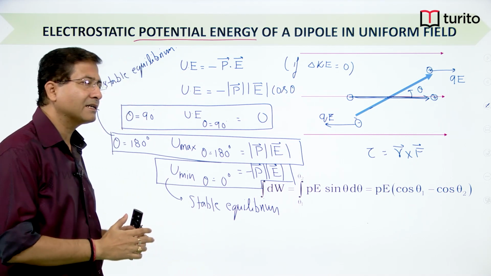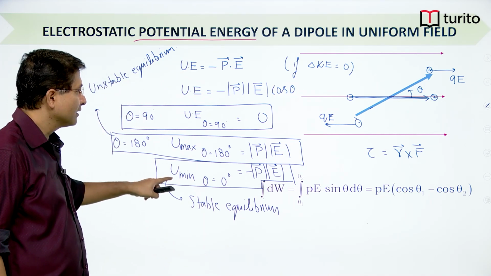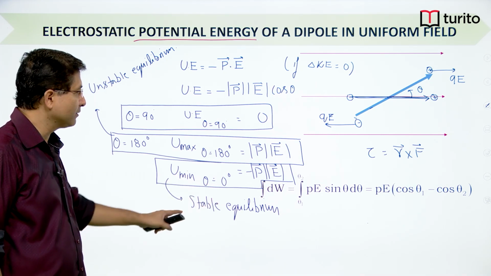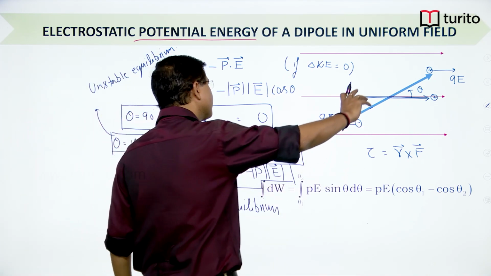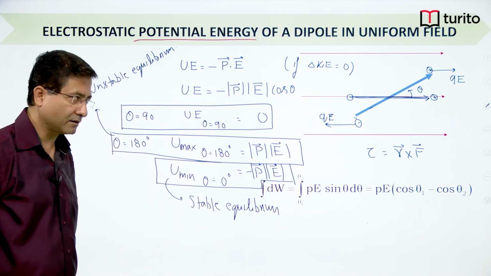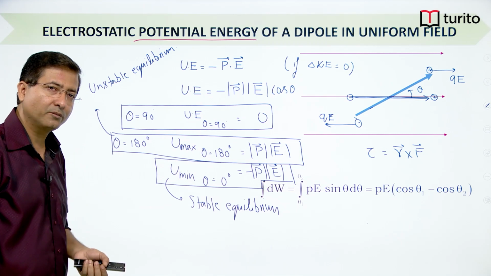So it has a tendency to get back to the initial position. That is why theta equal to 0 is called stable equilibrium, because it has a tendency to get back to the initial position, and why equilibrium? Because net force is always 0.